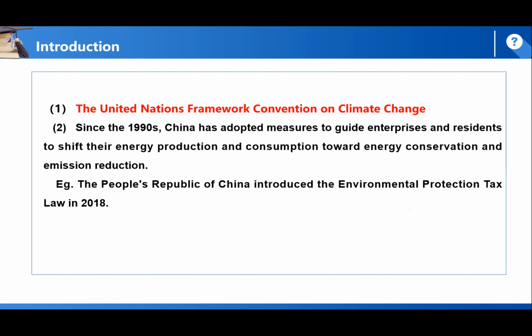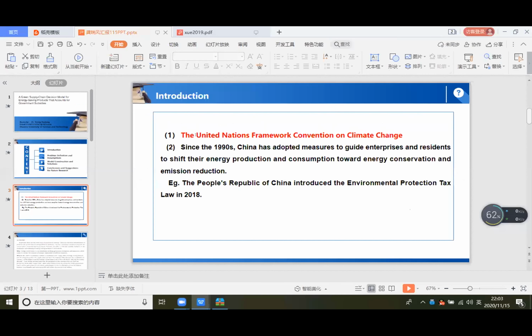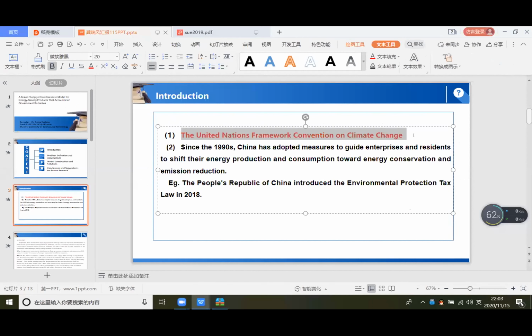So China promised to reduce carbon dioxide emission per unit of GDP by 60% to 65% by 2030, compared with 2005 levels.